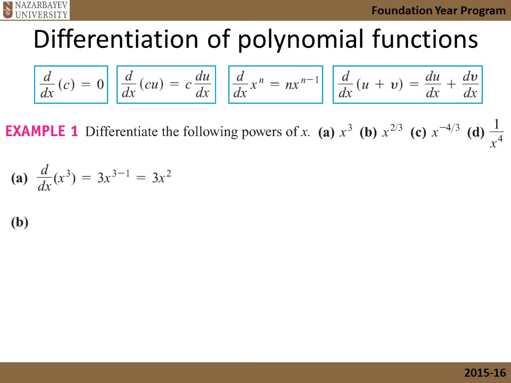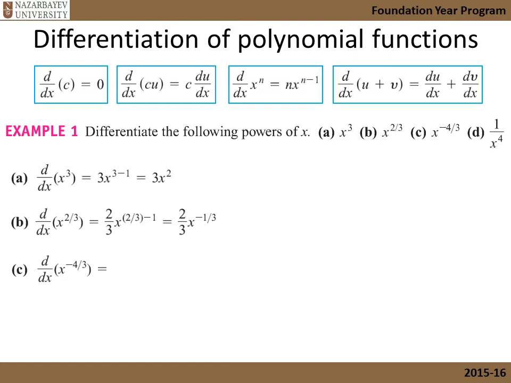So we obtain 3 times x squared. If we take x to the power of 2 over 3, again we use this 2 over 3 as a constant before x and decrease our power of x, and finally we obtain 2 over 3 times x to the power of minus 1 over 3.